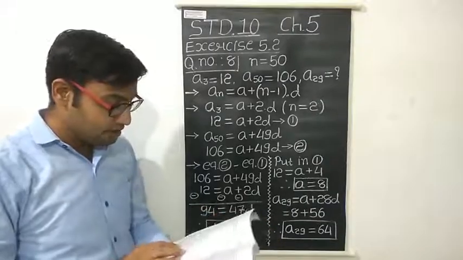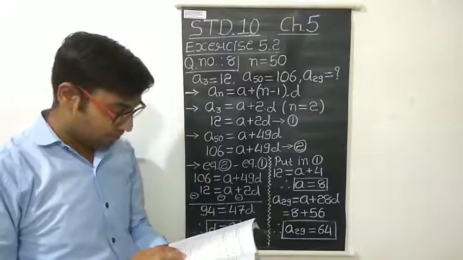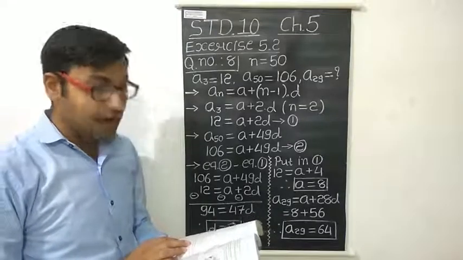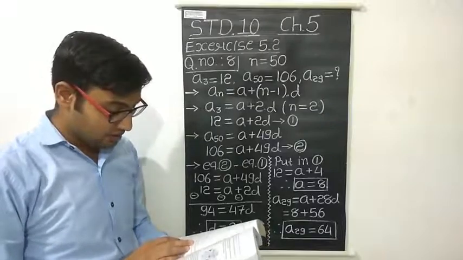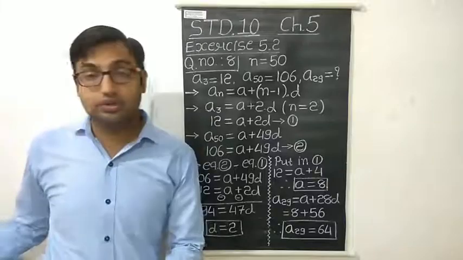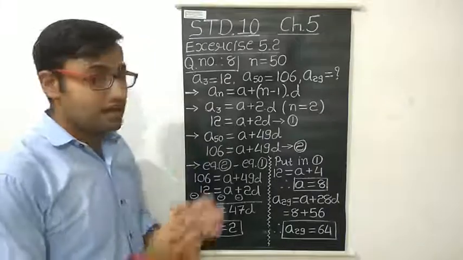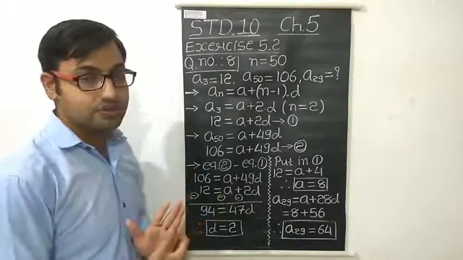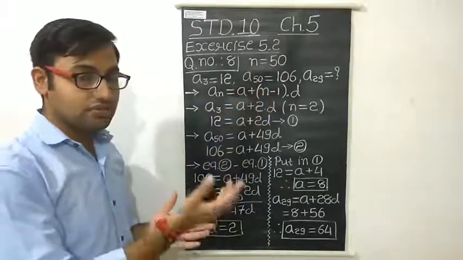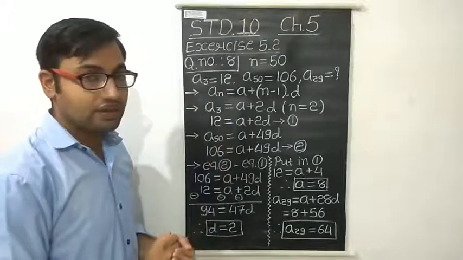An AP consists of 50 terms, of which the third term is 12 and the last term is 106. Find the 29th term. First of all, we are given that there are a total of 50 terms, right? So the n, meaning the last term, is a50.